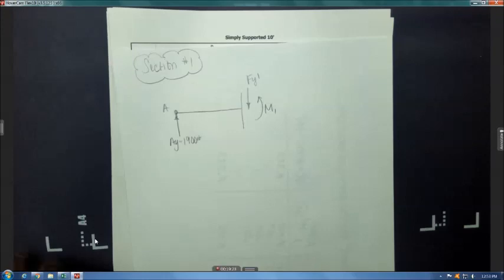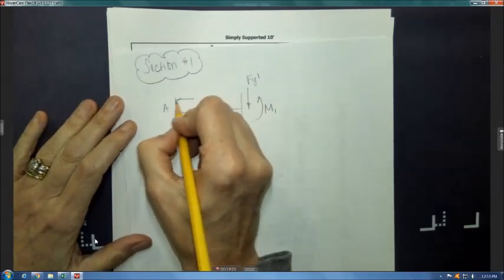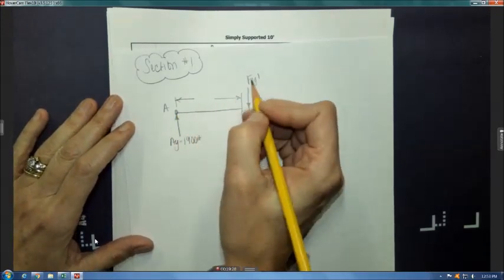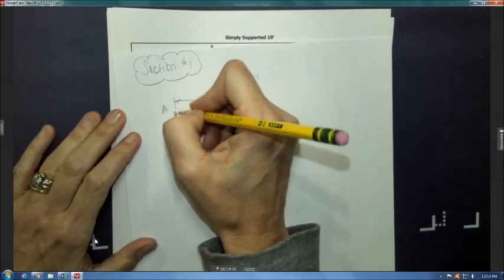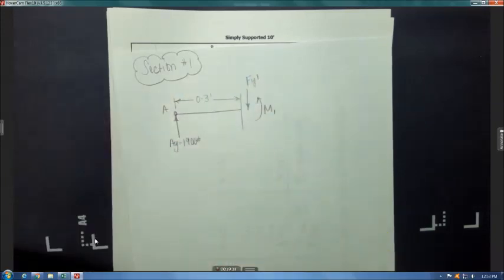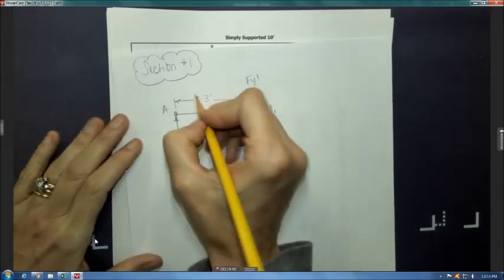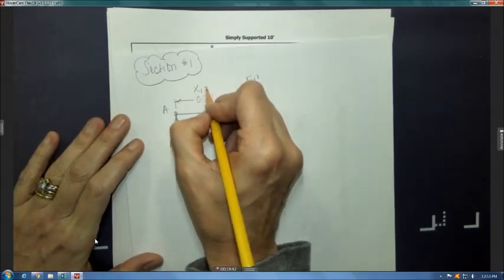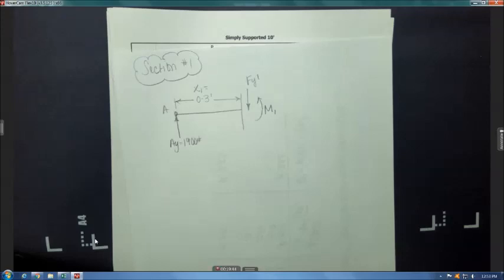Now, this distance that I'm going to identify here can be anywhere from 0 to as far as 3 feet, just before, not including that force number 1. We're going to call this x1, that's going to be the variable that we call that.